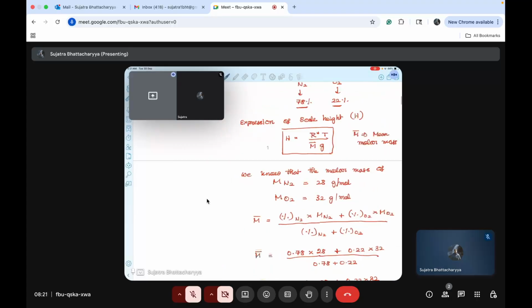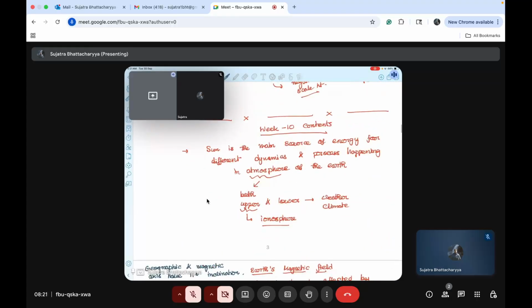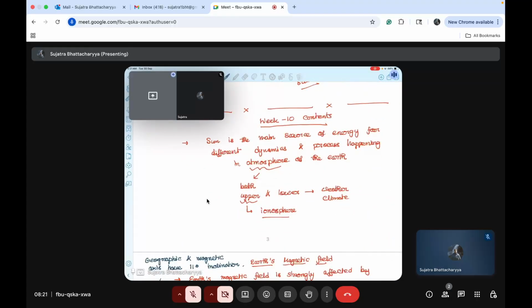So let's move from the assignment questions to the week 10 contents. We have talked about a couple of things. For example, the solar radiation, how it affects the earth. Not only the solar radiation, but the solar winds, the charged particles, the ionized particles which are coming to the earth, how they are influencing.